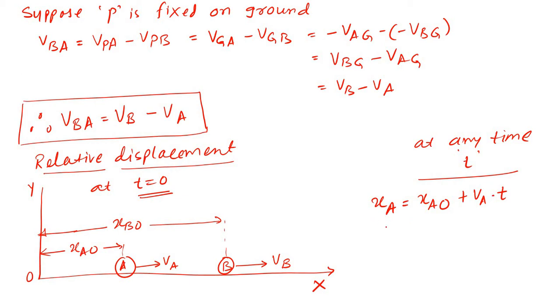And similarly XB is going to be XBO plus velocity of B into time, and the time is the same. For the same time we are observing this, right? Let me say this is equation small a, this is equation small b, right? So with this, what do we know?